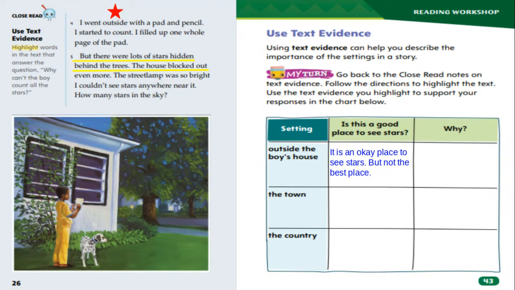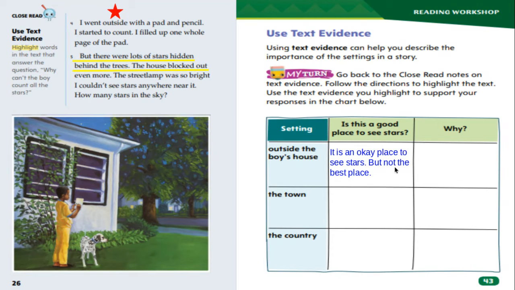Now I have to prove it with text evidence. I can't just make it up. I got to go back in the text and get evidence. So why was outside the boy's house an okay setting? Look at paragraph 5. It says, but there were lots of stars hidden behind the trees. The house blocked out even more. So now I can answer why.